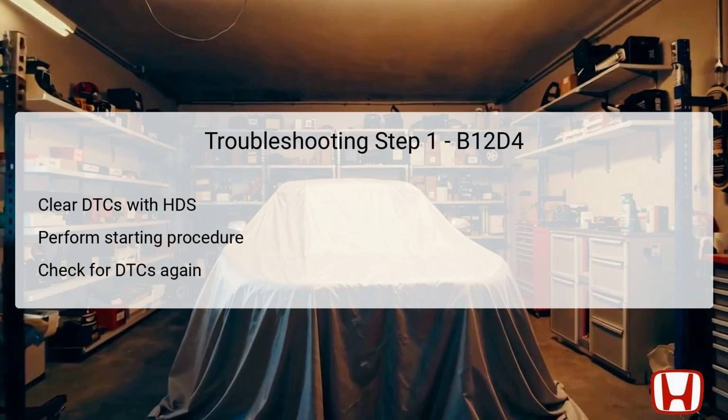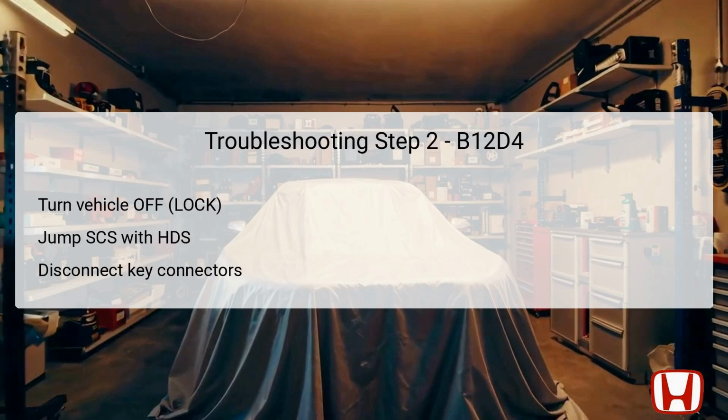After these attempts, you'll use the HDS once more to check if DTC B12D4 reappears. If the DTC is indicated again, it confirms that there is indeed a persistent issue that needs addressing. If not, you may be dealing with an intermittent failure, which suggests that the vehicle's system is functioning correctly at that moment, warranting a further inspection for loose or poor connections.